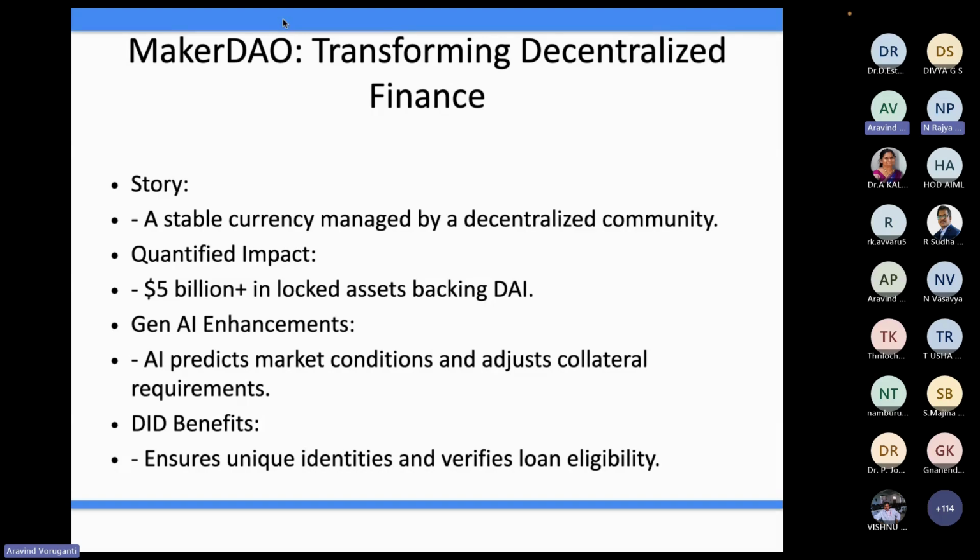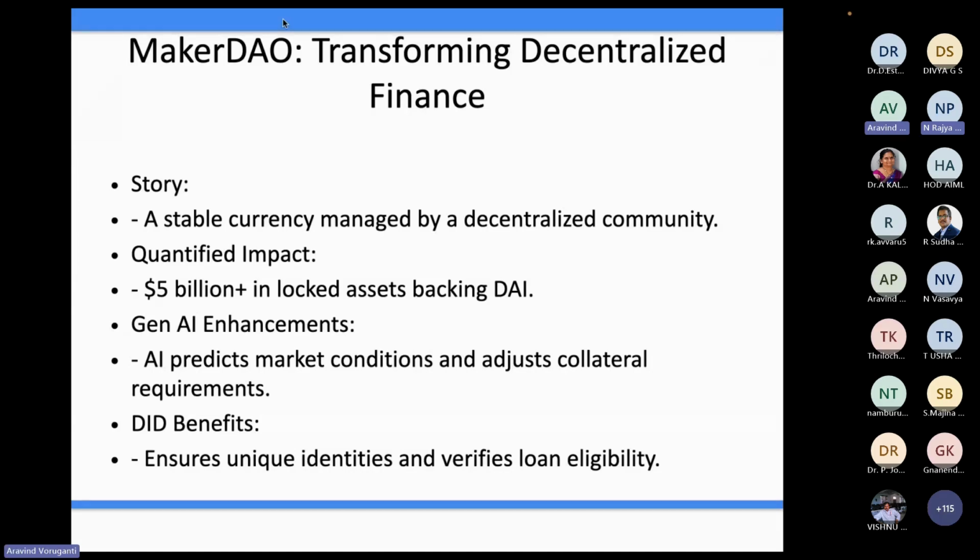Imagine a world where a stable coin or stable currency is not issued by a central bank, but by a decentralized community. That is what MakerDAO's statement was. And what they created is DAI. It is a stable coin completely governed by its users. It is a proper DAO example.